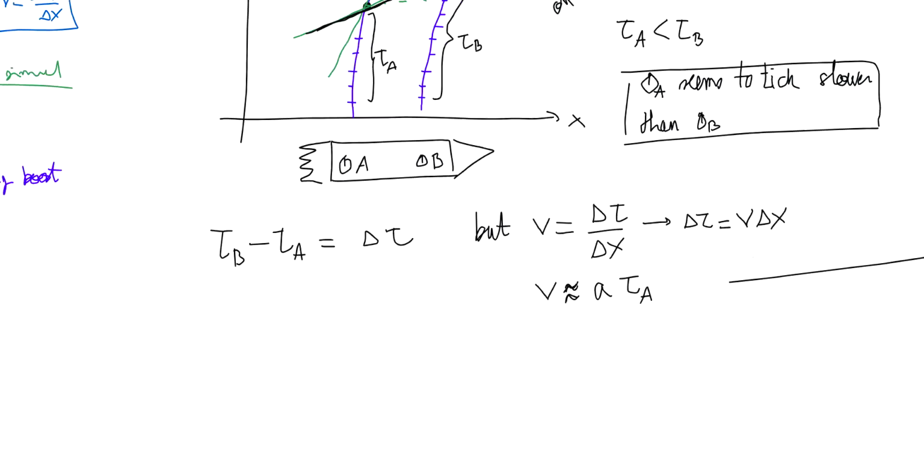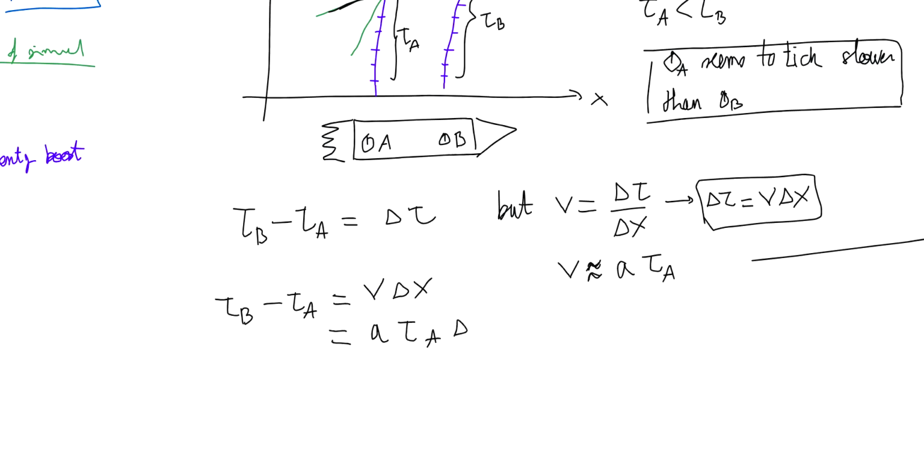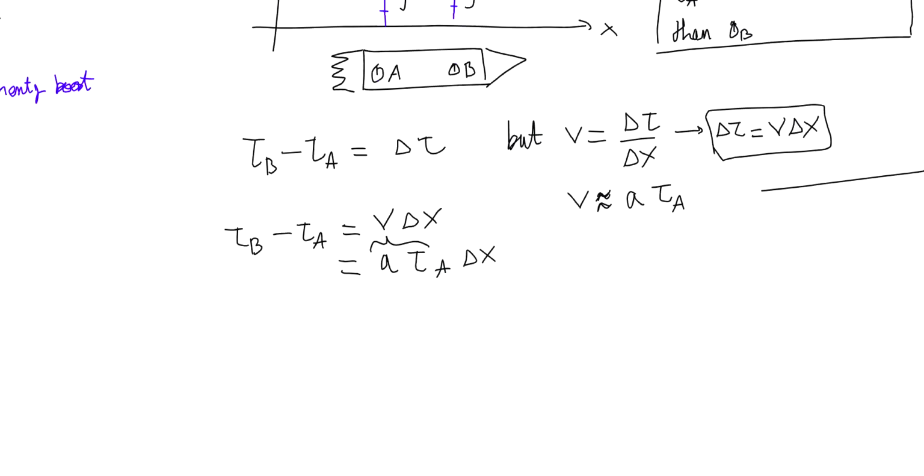And so we see that tau B minus tau A is equal to delta tau, which is V delta X, but V is A tau A, times delta X. And now with some algebra, I can just factorize that out.